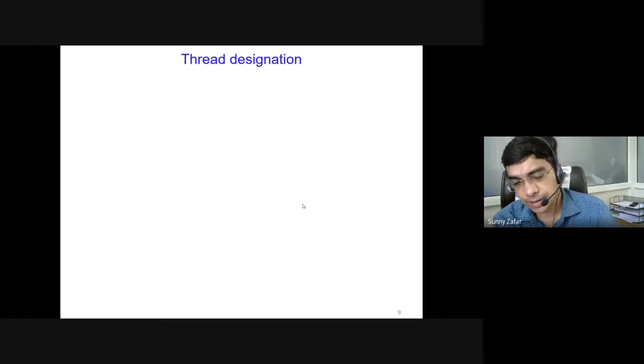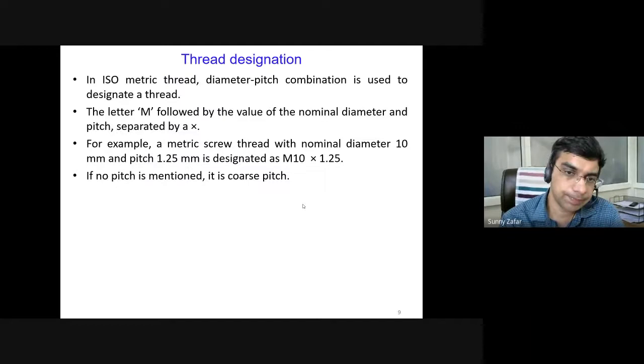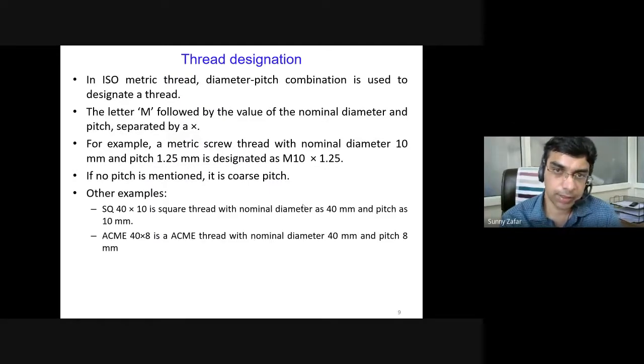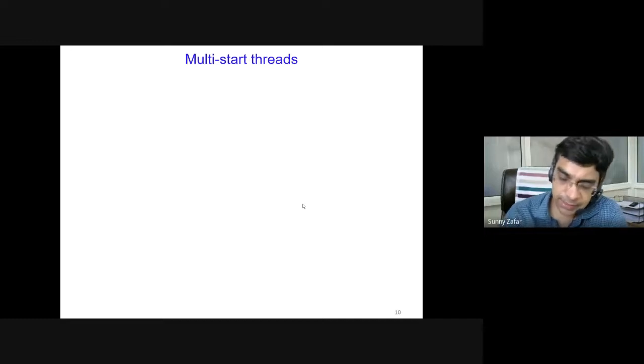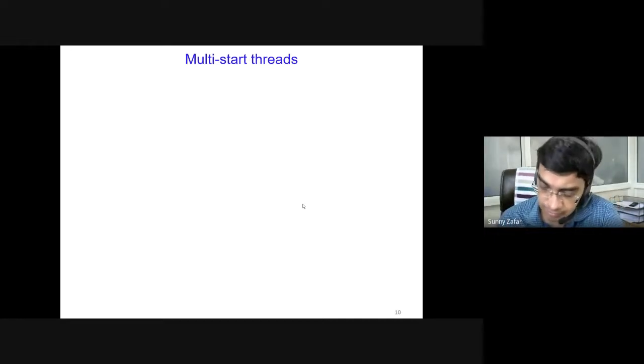We had seen the geometrical nomenclature of the threaded fasteners, and how to designate it on different machine drawings. I hope this was already covered in the previous one. So I'll go to the next slide, regarding the multi-start threads.